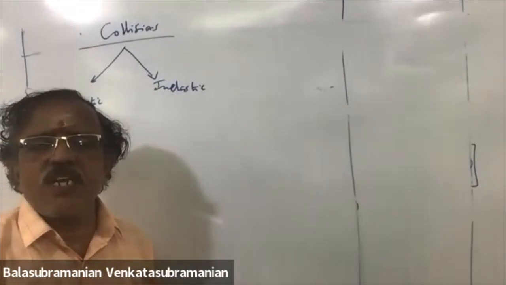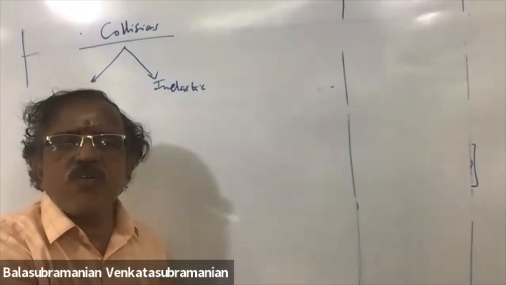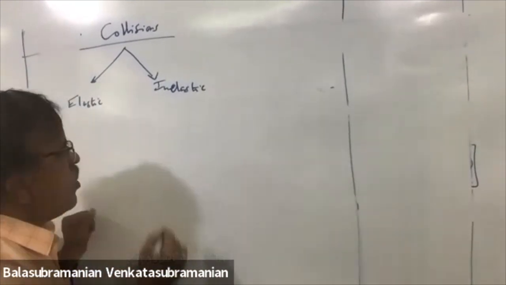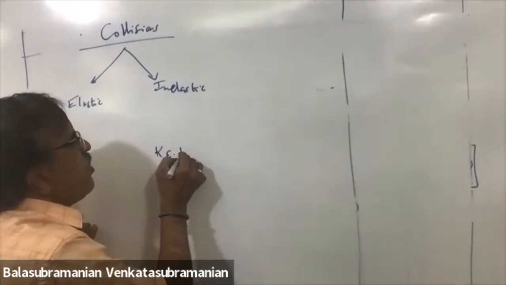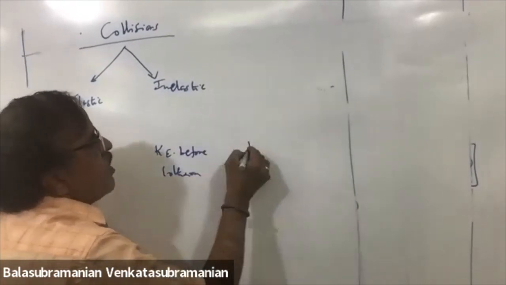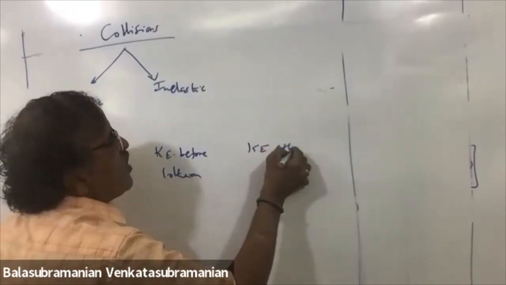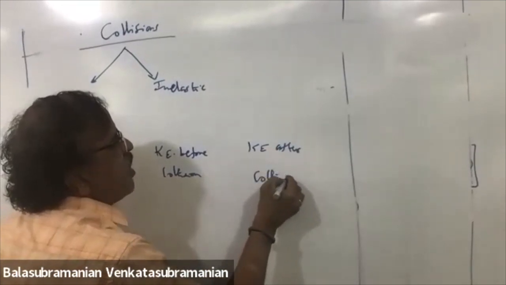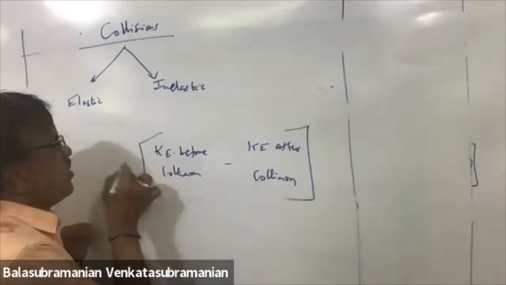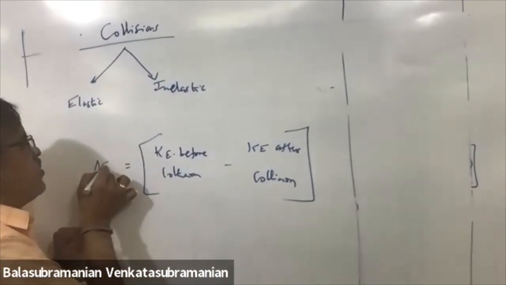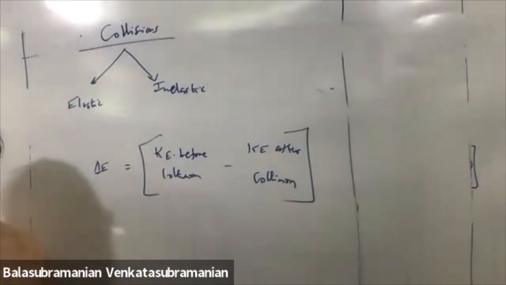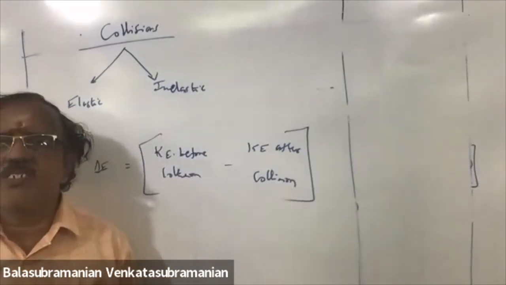But in inelastic collision, total kinetic energy before collision is not equal to total kinetic energy after collision. In fact, after collision, kinetic energy decreases. So this is nothing but loss of energy, delta E, loss in kinetic energy.